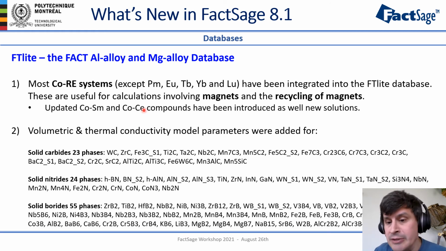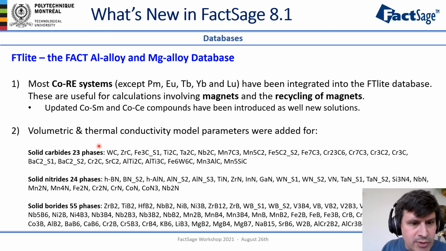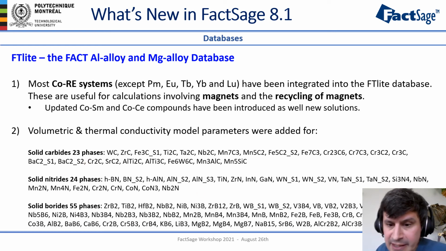We have updated several important phases and solid solutions there, a lot of new systems. And we added the volumetric and thermal conductivity model parameters, not for the alloy intermetallic phases, but rather for ceramics that are present in these alloys. So we have 23 carbides, 24 nitrides, and 55 solid borides that have been added there.